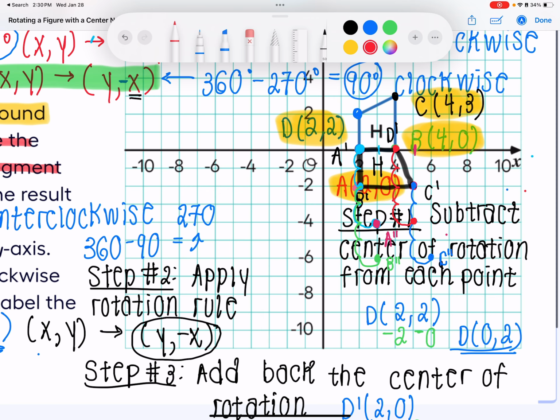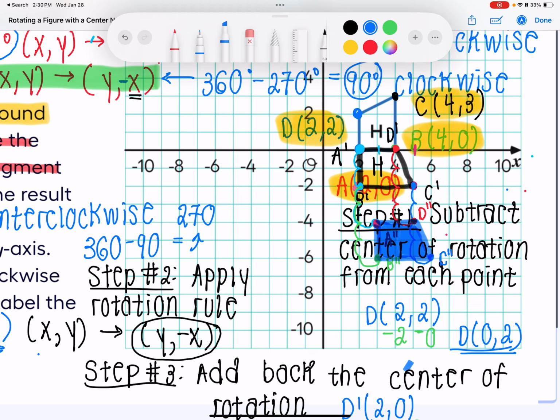So this is going to be D double prime. And again, we're up to our fun part, which is connecting all of these points. And that's going to be our final answer for this whole question, for question number 1.